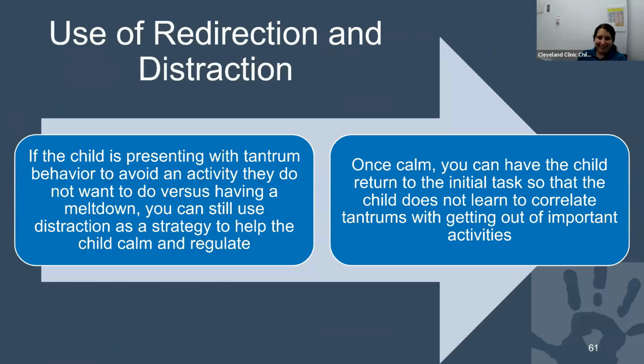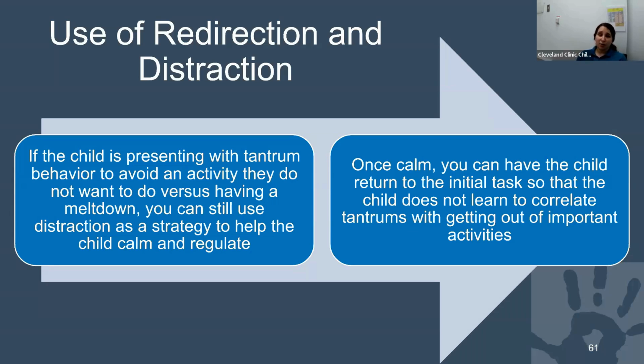With all that said, if the child is presenting with a tantrum to avoid something, you can still use the distraction strategy to help calm the child down, but you want the goal to be that they still go back to what they needed to do. So maybe the kiddo is really anxious about brushing their hair because they have really curly hair that gets tangled easily, and it hurts.